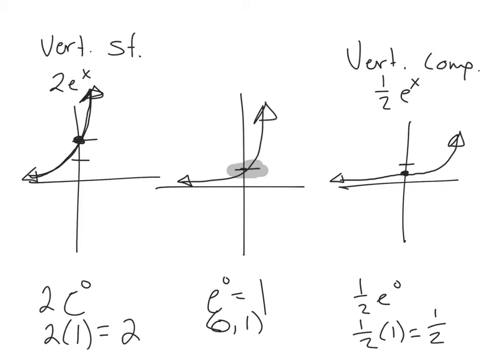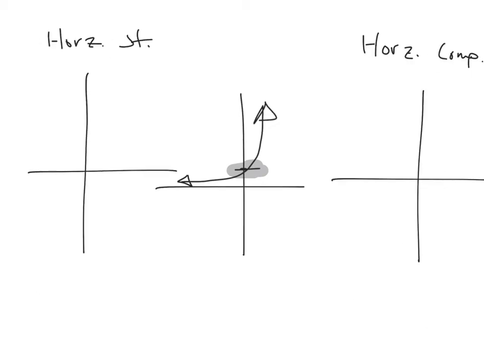Now, let's talk about the horizontal stretch and compression. Okay, so for horizontal stretches, it'll probably look something like this. You could do e to the 1/2 x, and then for compression, you'd have like e to the 2x, okay? Remember, these types of translations are reciprocals, okay? They're opposite.